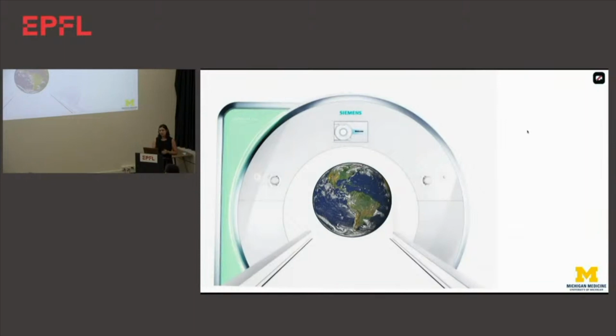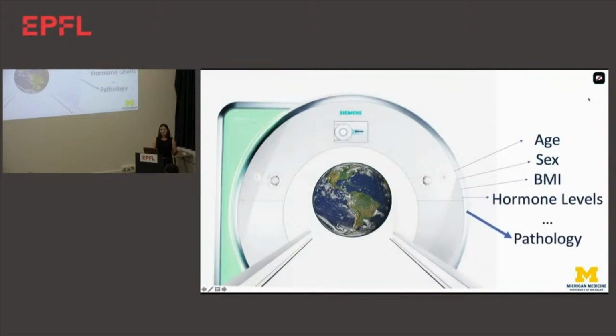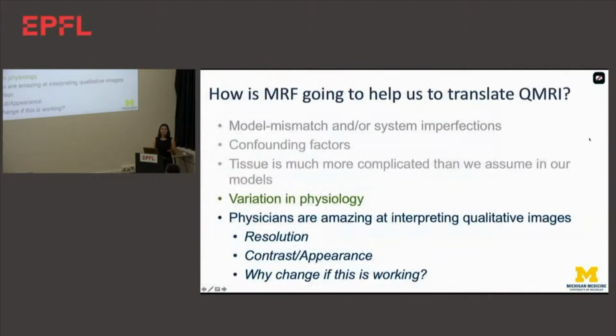And so if we can get a lot of information and see how these values differ with age, with sex, with BMI, hormone levels, everything, we can really understand what is a normal variant and what could be indicative of pathology in a particular person, where this is really difficult to do right now. Okay, so maybe our variation in physiology we can work around.